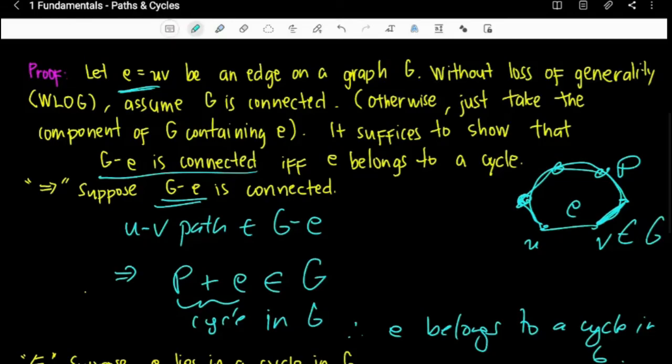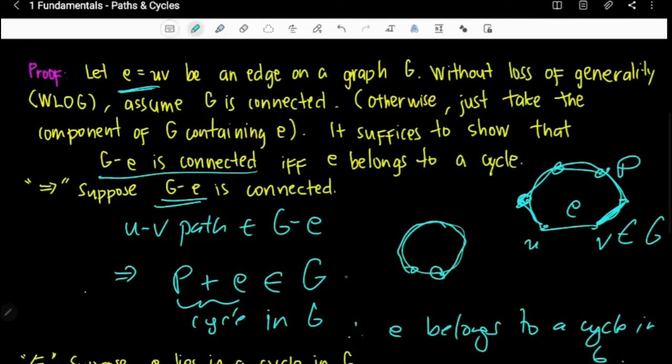So, pagka naintindihan mo yung proof na to, parang medyo naintindihan mo na yung concept ng connectedness and how a path and a cycle play in that connectedness. So, basta ang graph mo may mga cycle, laging hindi enough ang isang edge lang para ma-disconnect because of the cycle. Because a cycle, even removing an edge, will still remain another path.